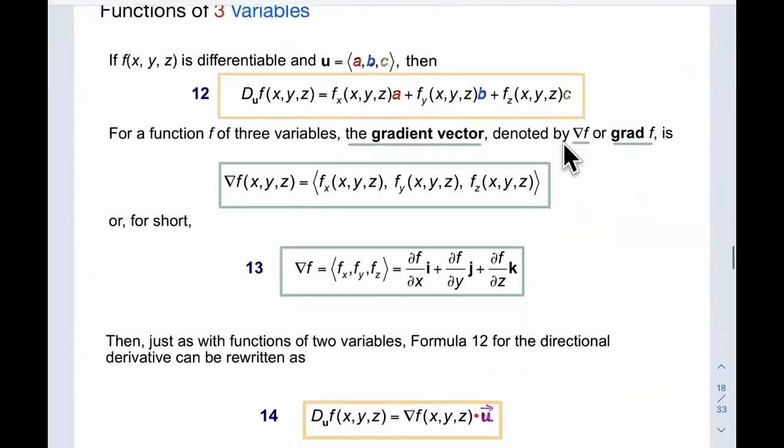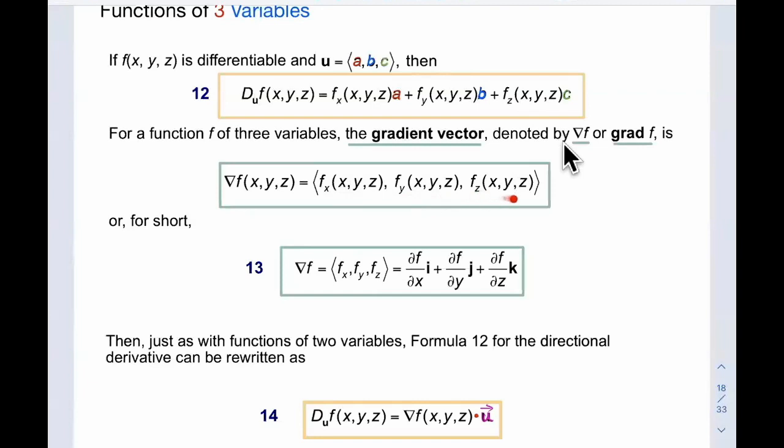Now what about the gradient? Last time for a function of two variables, the gradient has two components. The first component is the partial derivative with respect to x. The second component is the partial derivative with respect to y. Now we just need to add one more component, the partial derivative with respect to z.